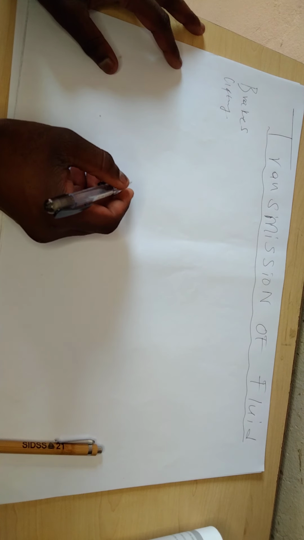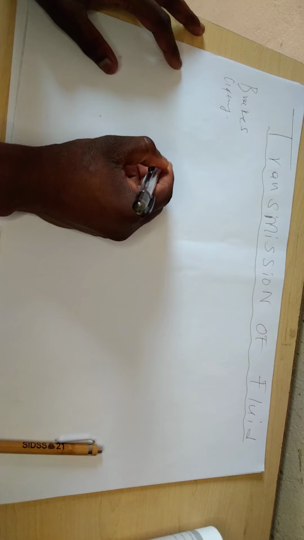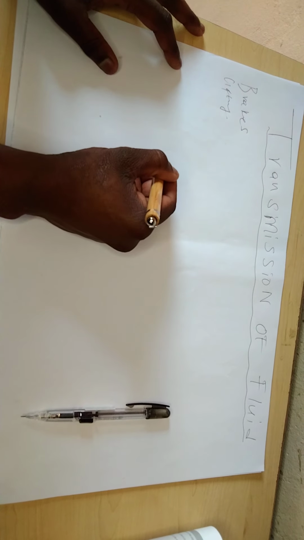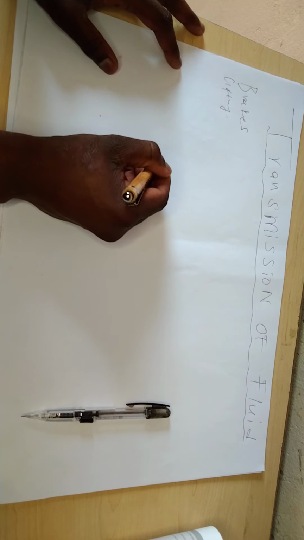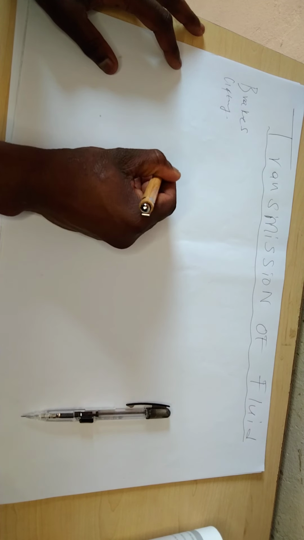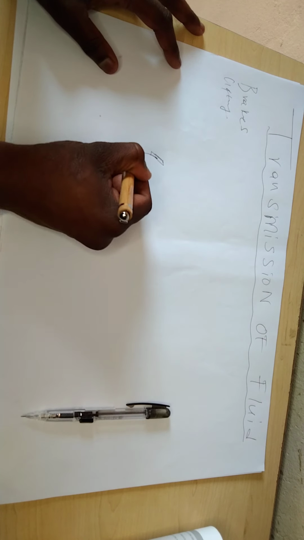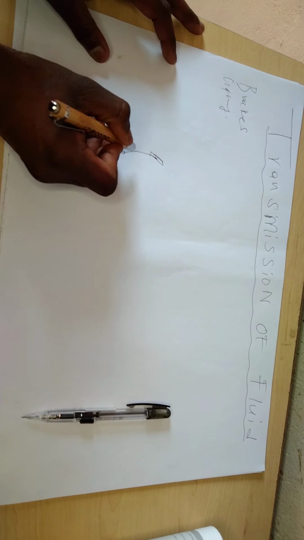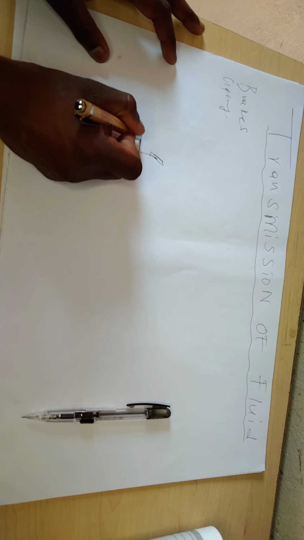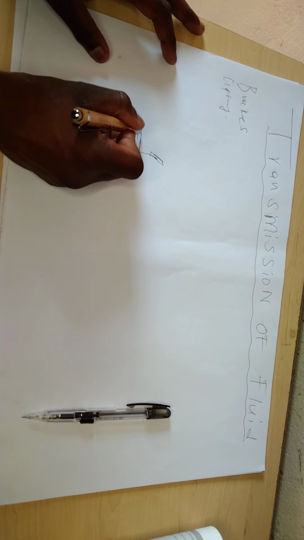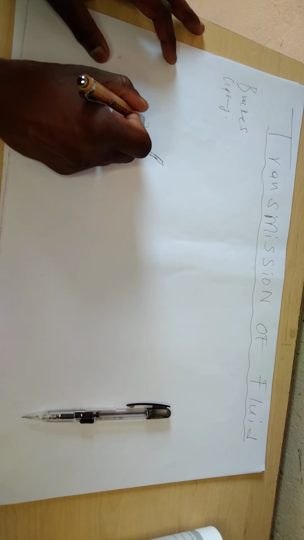Let's start with a simple brake system. I want to make a drawing for a brake here so that I can explain what is happening. Let's assume we have a pedal here, connected to a hinge, and from here a plunger that has a piston like this.